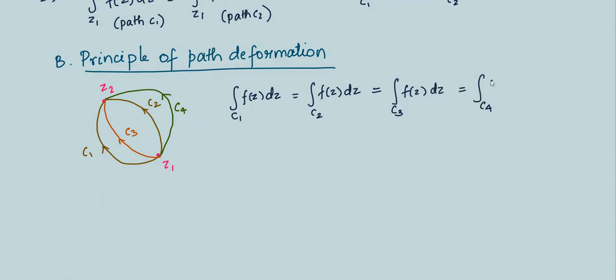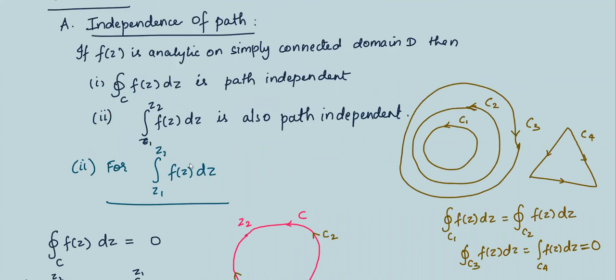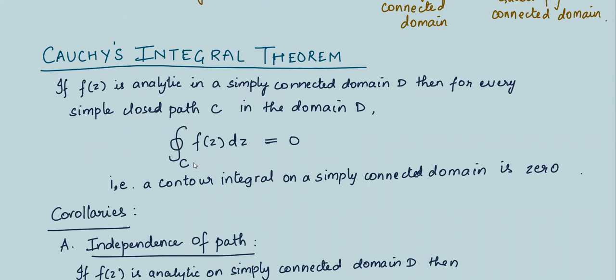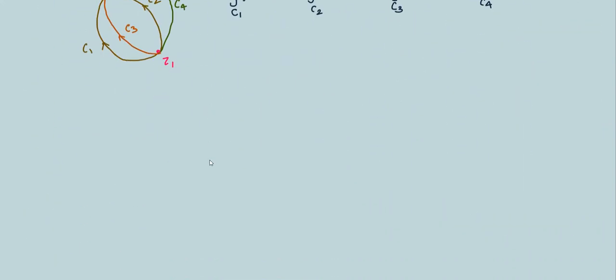So between two points, I can choose any path if it is a simply connected domain. That will give me the same result. So this is Cauchy's integral theorem for a simply connected domain.